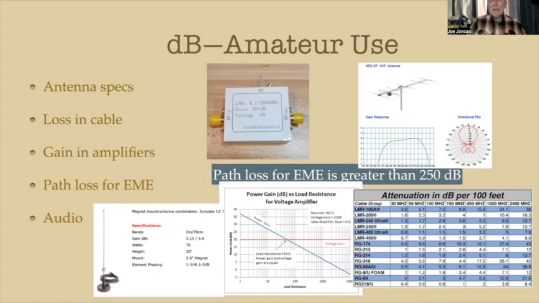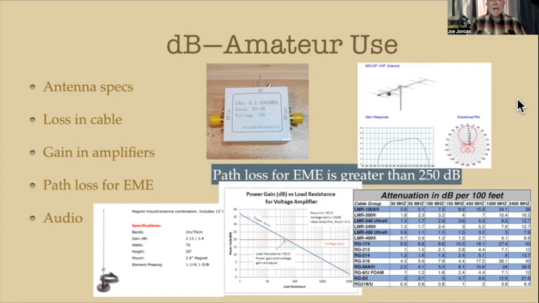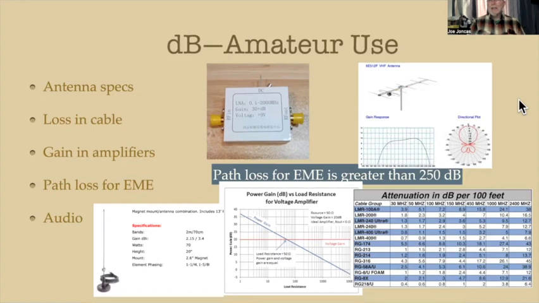And let's look at more practical applications of these. One of the places you're going to run into this is in antenna specs, and it'll have to do with the gain of an antenna. If you've got a dipole, you can consider that a gain of 1.